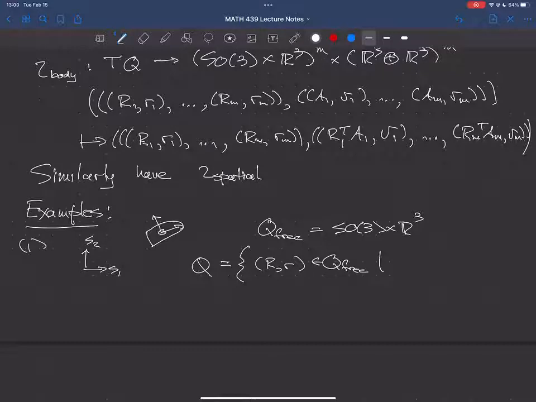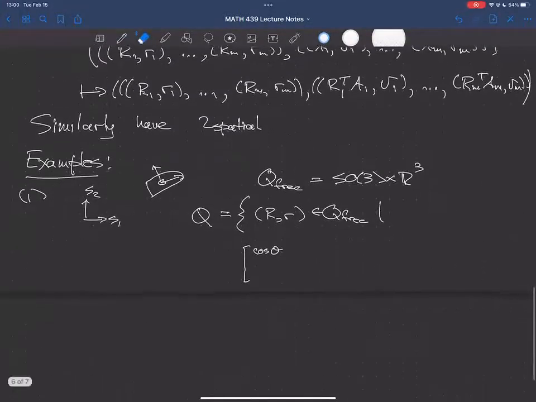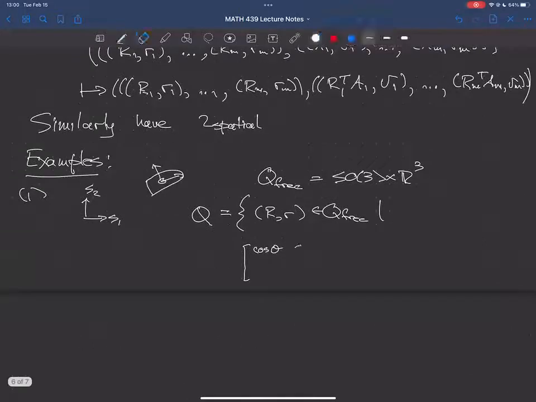Okay, and then we had a form for big R and little r, and the form was very simple. So R was cos theta, minus sine theta, and then sine theta, cos theta.